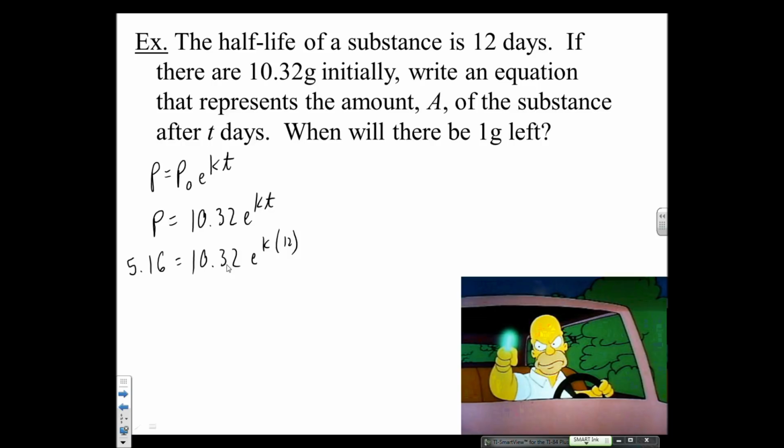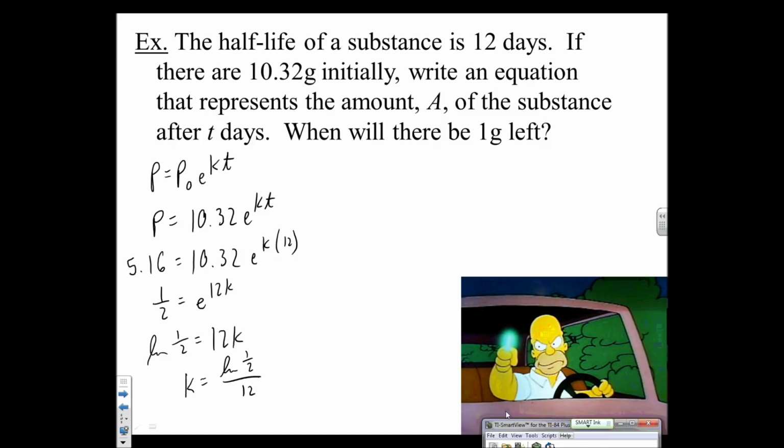All right, so to solve for k here, I'm going to divide. If I divide, I'm going to get 1/2 equals e to the 12k. Natural log of both sides. When I take the natural log, it's going to cancel with the e, so I'm left with 12k. So k is equal to natural log of 1/2 divided by 12. And let me get a decimal for that one.